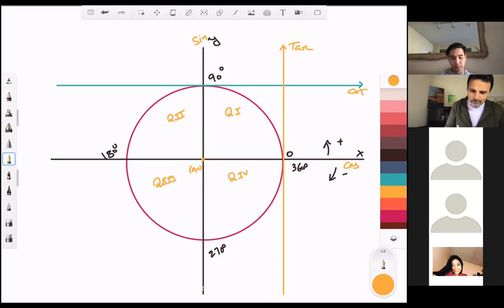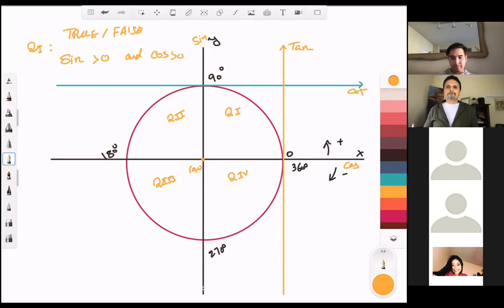On quadrant 1, can you tell me true or false? Sine greater than 0 and cosine greater than 0. Is this true?